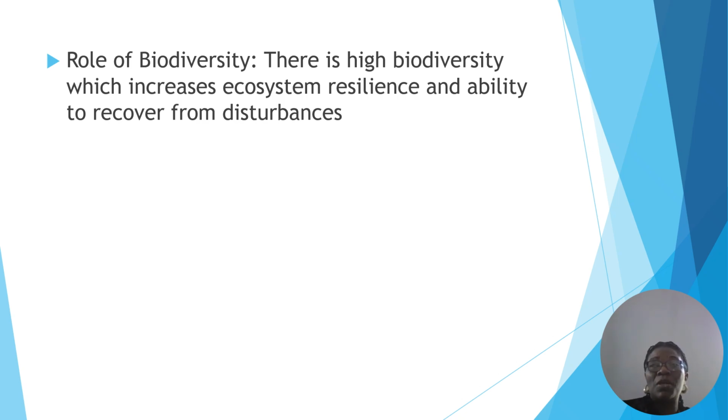So if there are disturbances, because of the different organisms that are there, these organisms are able to cover up for the disturbances so that the disturbance that happens at a particular time will not be noticeable or will not really affect the community. It will just look as if nothing has happened. So this is what we mean by a stable community or dynamic equilibrium, either within a population or within a community.